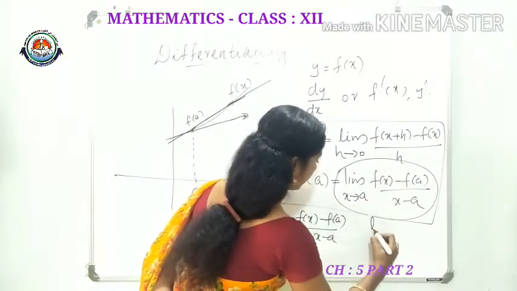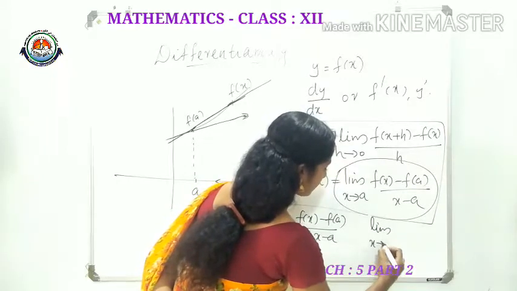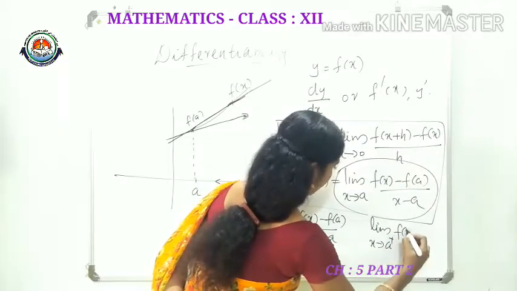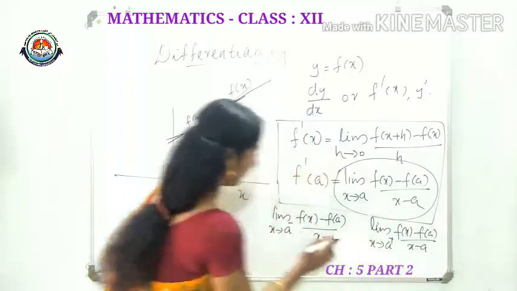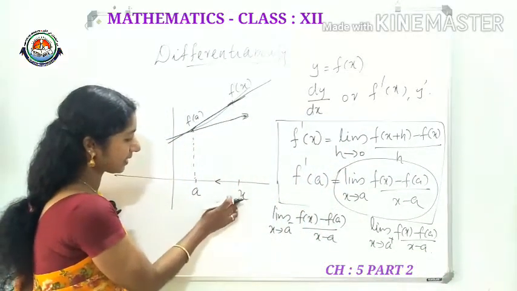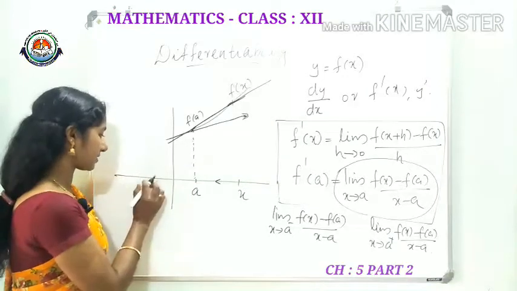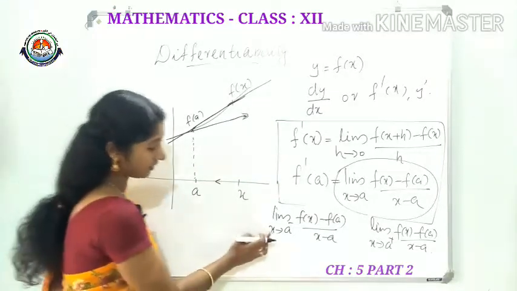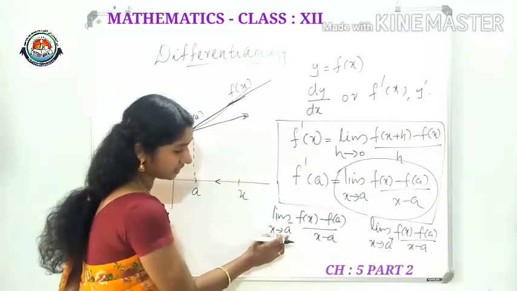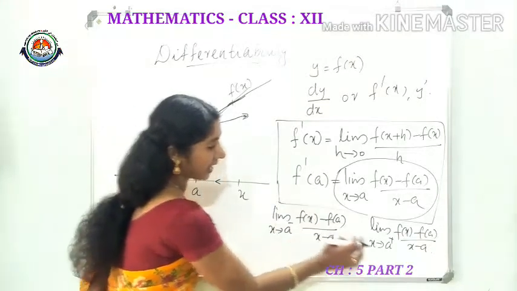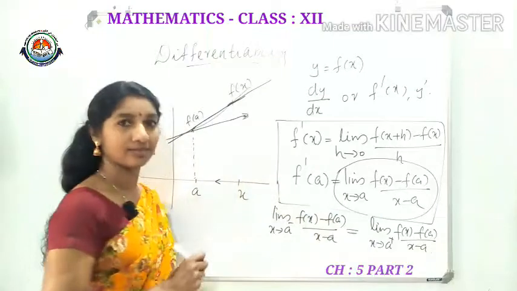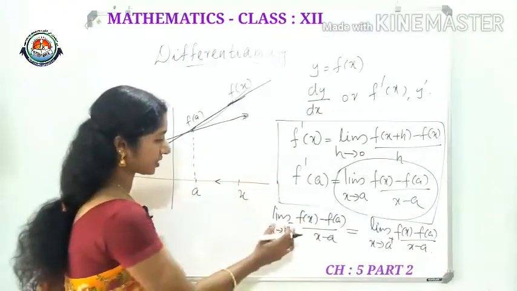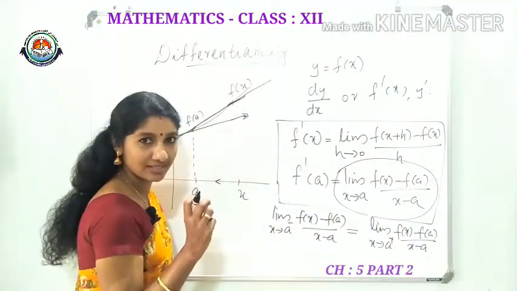That means limit x tends to a plus f of x minus f of a divided by x minus a. That means this x may come from the left side or from the right side. So when it comes from the left side, left limit should exist, and the right limit also should exist, and they should be equal. Then we will call this function's limit exists, isn't it?